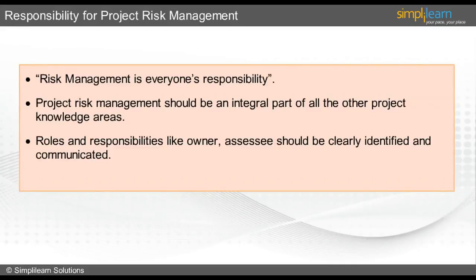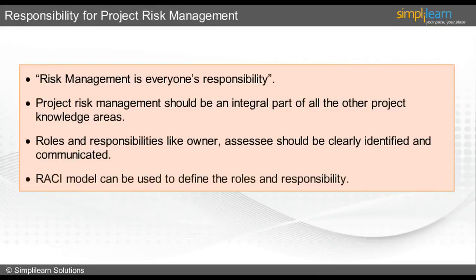Let's look into the RACI model in detail now. R stands for responsible. It refers to the person who implements the defined activities and takes action to implement the risk responses. A stands for accountable, the person who takes ownership of risk implementation and management. C stands for consult, a person who acts as the expert and provides guidance regarding the risk management's success.